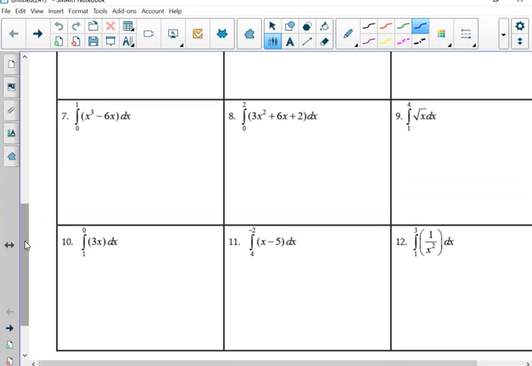Okay. So, the fundamental theorem of calculus helps us calculate the value of the integral. The integral represents an area. We're going to look at a graph in a minute for problem 7 to remind us what the area is. In this case, it's the area between the x-axis and x cubed minus 6x between x equals 0 and x equals 1.